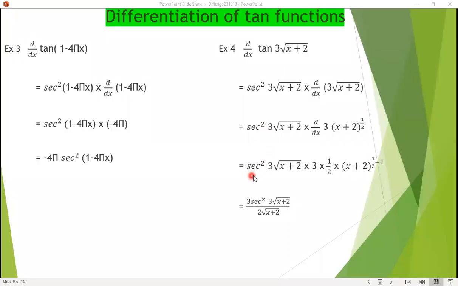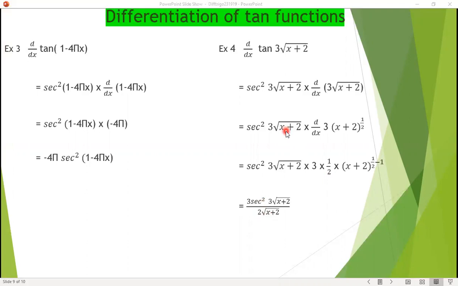How to differentiate the function? It's 3 multiplied by the power and then subtract 1 from the power. Multiply by the differentiation of x plus 2, which is 1. So the final answer, you have 3 sec squared 3 square root x plus 2, and in the denominator you will have 2 square root x plus 2.